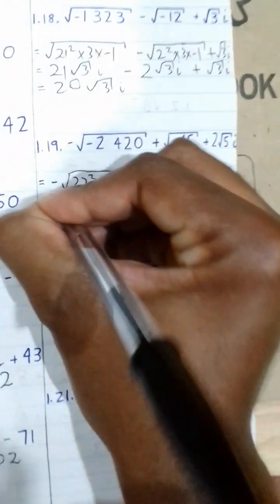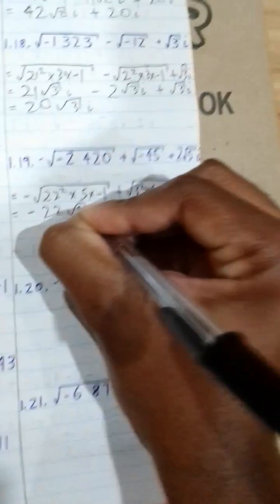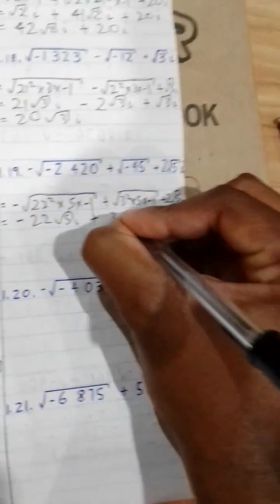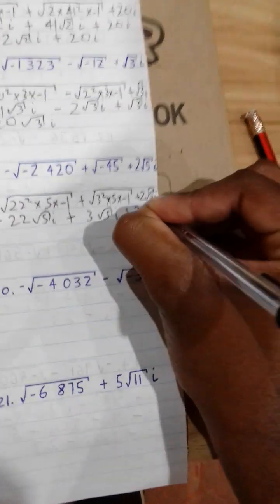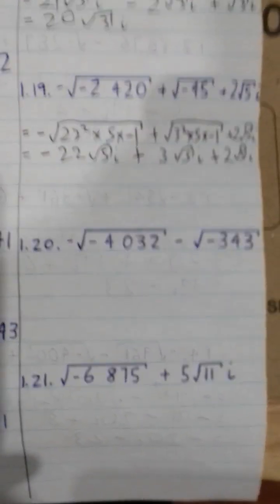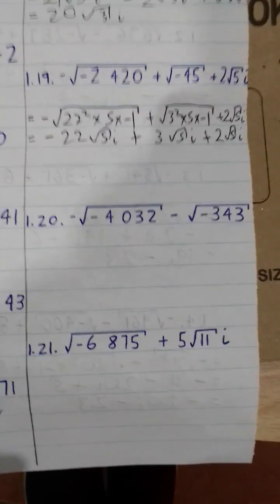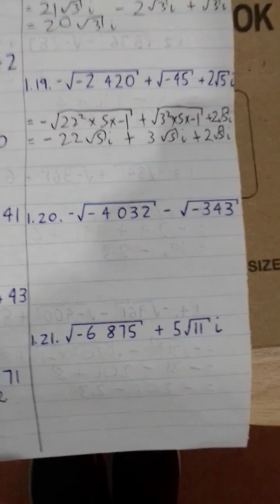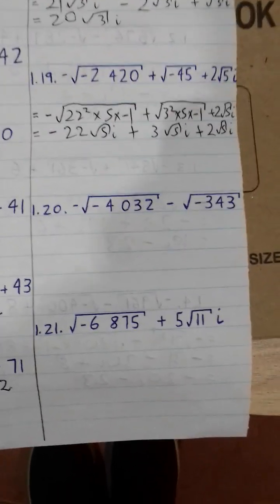Square root of 22 squared is 22, then square root of 5, then i, plus square root of 3 squared is 3, square root of 5, then i, plus 2 square root of 5, then i. Negative 22 plus 3 is negative 19, plus 2 is negative 17.